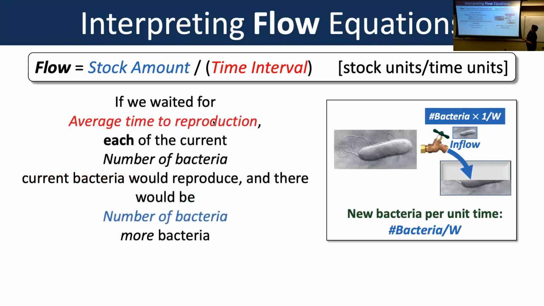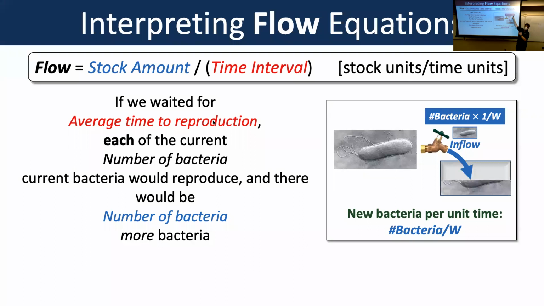So another way to view that is if we waited for that W time and assumed nothing else changed in the system, then each of the current bacteria would reproduce 1 other unit, and there would be that number of bacteria more. So this flow is like how much is being added to the population.